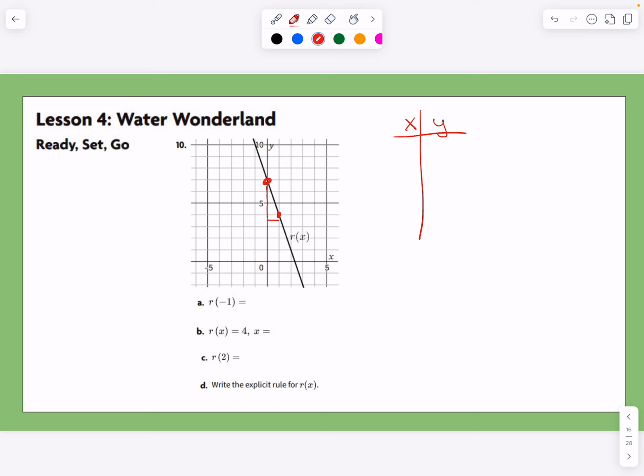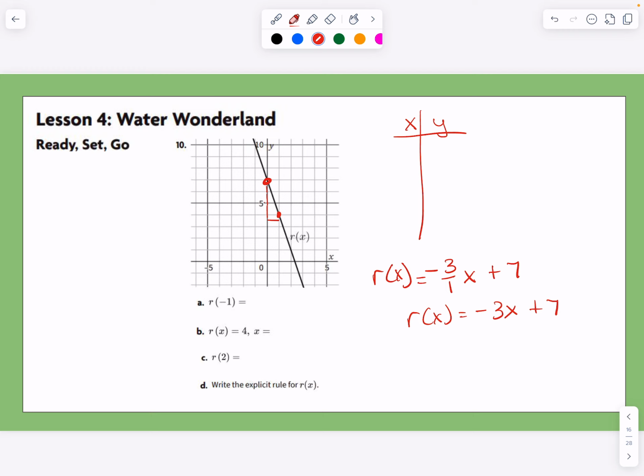So my rate of change is down 3 and over 1, and I have a y-intercept value of 7. So I could say that r of x equals negative 3x plus 7. That's one way of looking at it if I just look at the graph.